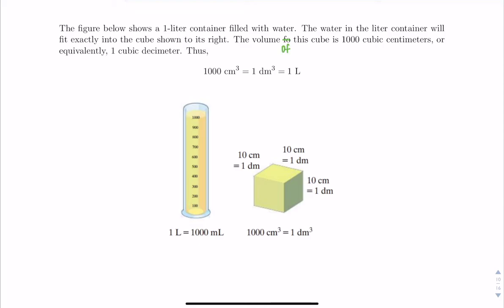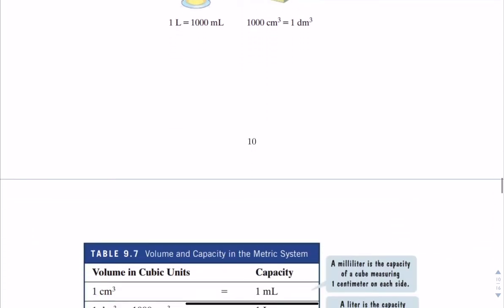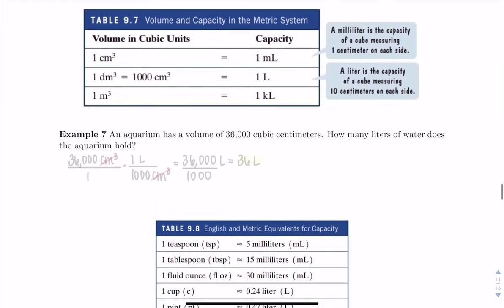So all 3 of those units are equivalent. So a cubic centimeter is 1 milliliter. 1 cubic decimeter is the same as 1,000 cubic centimeters, which is 1 liter. And 1 cubic meter is 1 kiloliter.